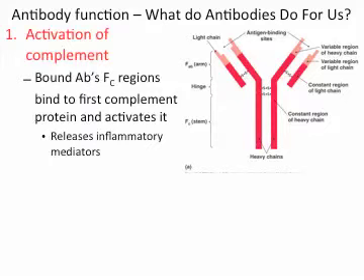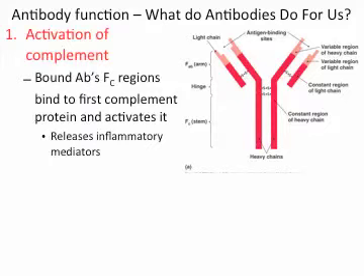When an antibody specifically binds an antigen and an epitope on a pathogen, that antibody is now lodged or stuck to the pathogen that has invaded your body. Complement proteins, remember, are floating freely in your blood, and they can bind to the complement region on the stem portion of the antibody.